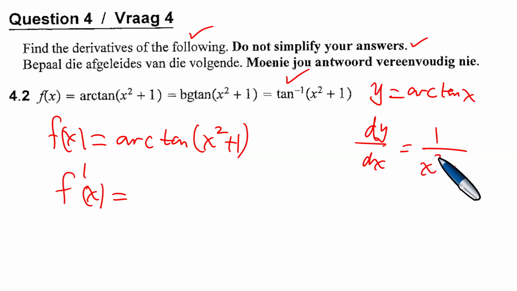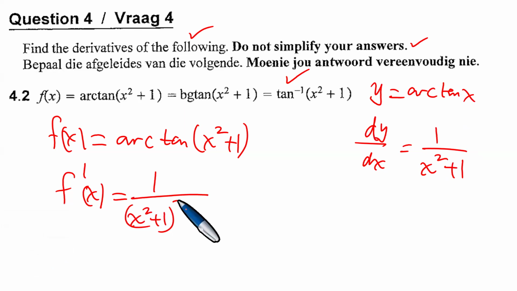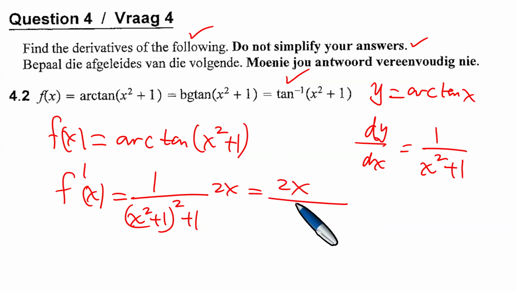Now this is going to be exactly that, and the derivative of the inside by the chain rule becomes 2x. So we get exactly this. You can write it in many ways, but this is the answer to the question.